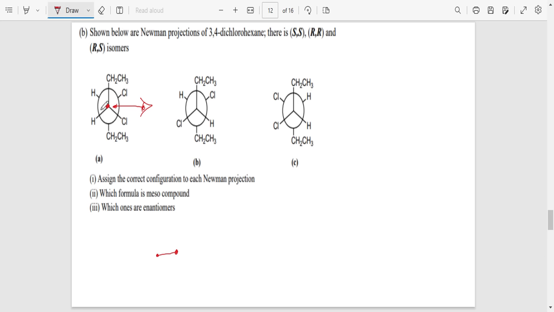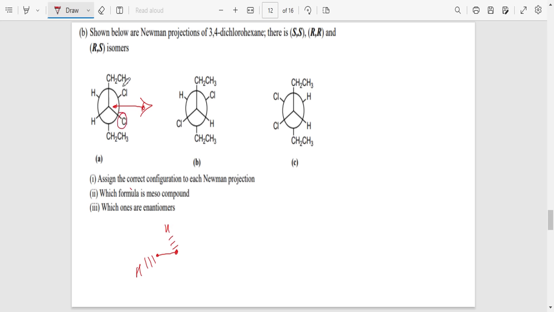So this is the front carbon, this one. It has a hydrogen which is behind, and that hydrogen which is behind, remember, is down. So I'm going to put it like this. This is hydrogen, and then this carbon which is behind also has a hydrogen behind, but it is going on top like that. So I'm going to put it like this.